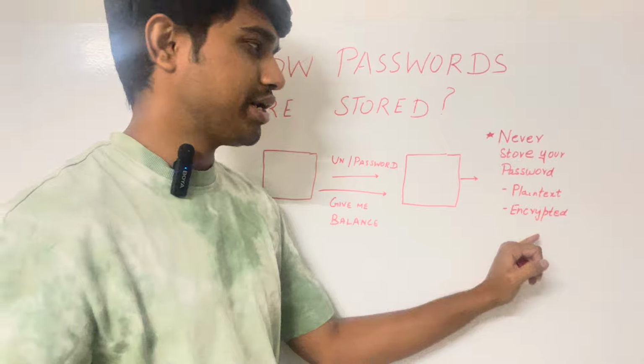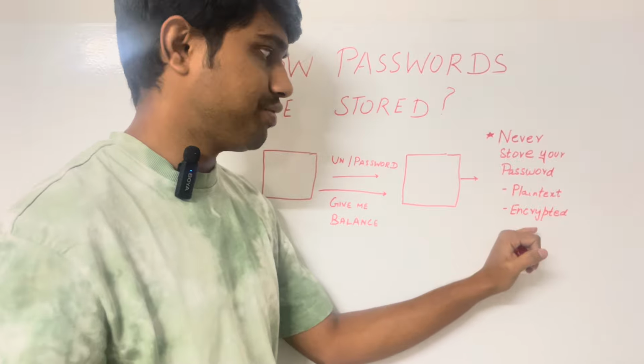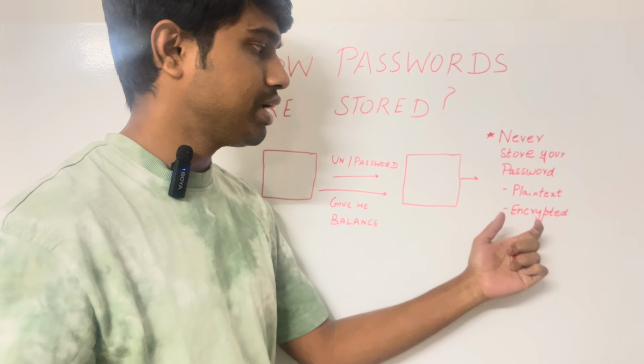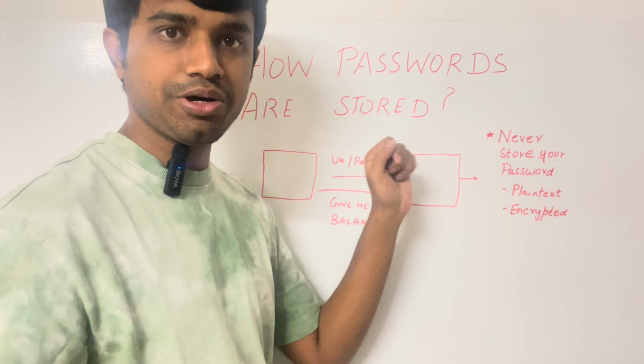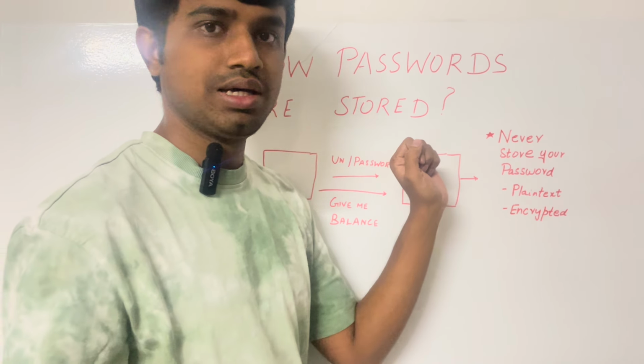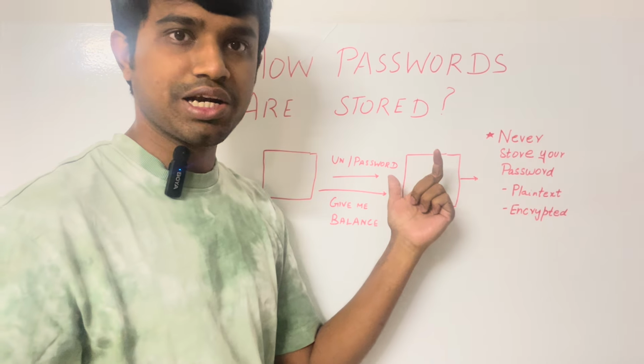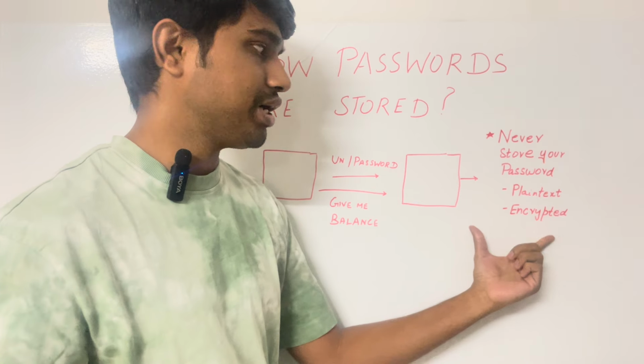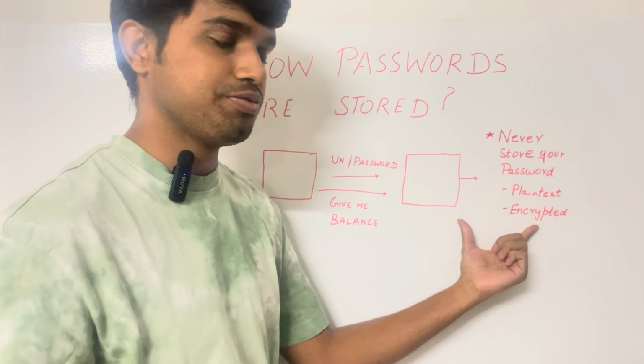So why not encrypted? If you don't have the previous understanding of encryption, encryption means juggling your password, and this is done using an algorithm and a secret key. If you want to know more about encryption, you can take a look at the HTTPS video.